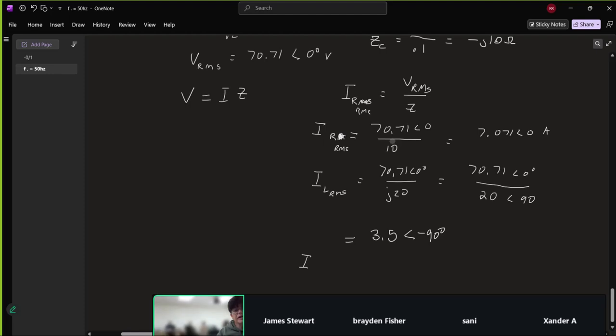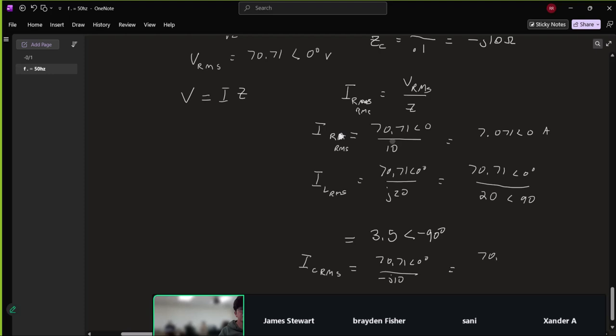And then I_C RMS is going to be 70.71 angle 0 degrees over the impedance of the capacitor, which was minus j10.